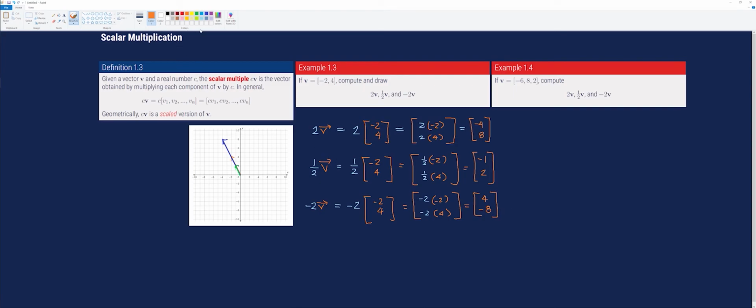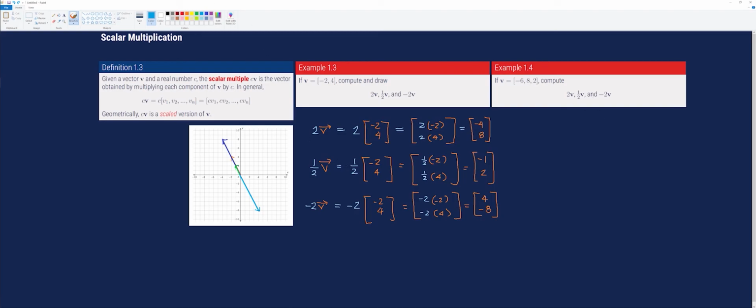To illustrate the new vector in the Cartesian coordinate system, it is somewhere here. Let's draw the vector, starting from the origin, and draw an arrowhead. So notice that the original vector v was scaled by a factor of 2, and it was inverted because we have a negative sign in our scalar multiple.